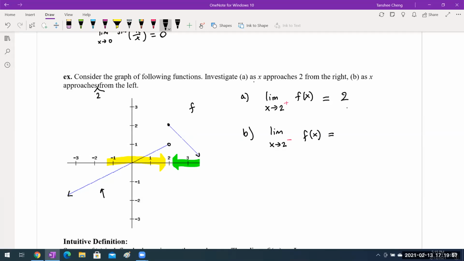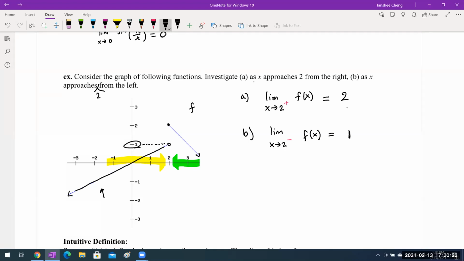This portion of the graph. So as x approaches 2 from the left-hand side, we go along with this graph. And where is this graph leading us to? Right here, this value. So therefore, I conclude that the limit as x approaches 2 from the left-hand side of this function is 1.